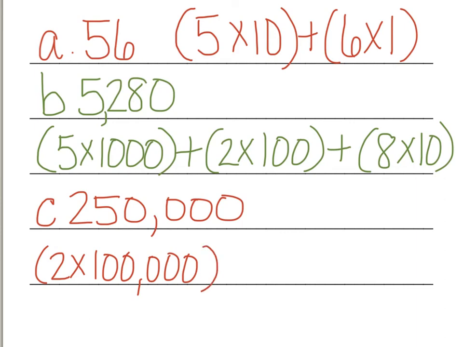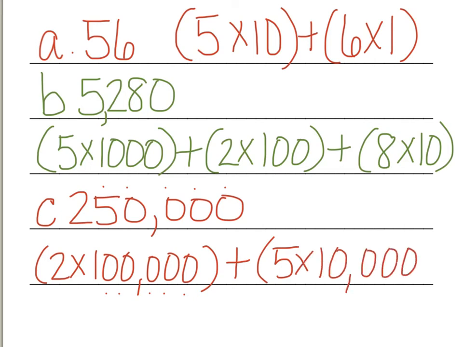Again, you can always check. You should have the same zeros after as you would have after the number. So here's my 2, 5, 1, 2, 3, 4, 5. So 2 times 100,000 plus 5 times 10,000. And you're done. So those are simple.